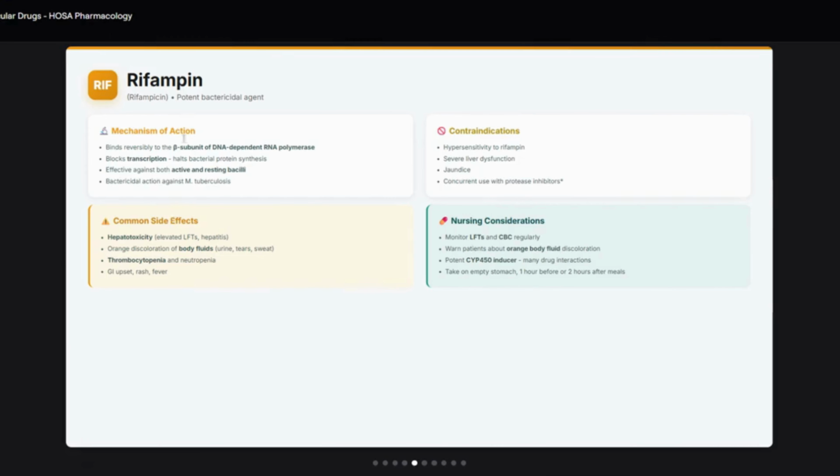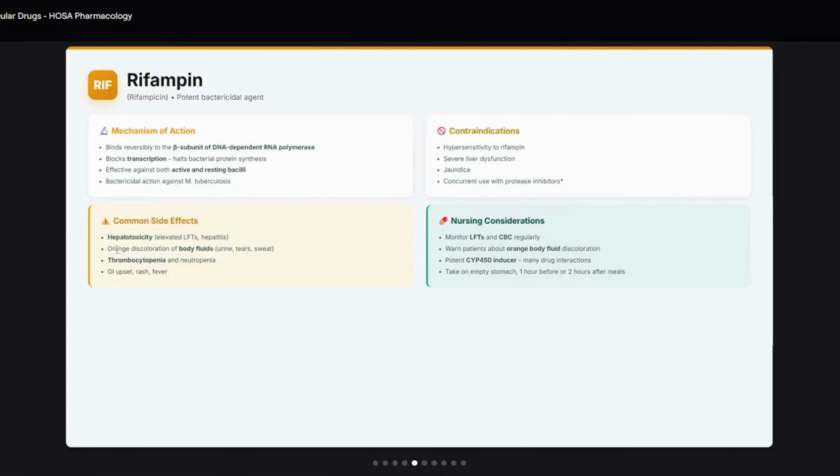Rifampin. This is also the second biggest drug, and it's very similar to isoniazid. A common side effect is hepatotoxicity, or yeah, kidney toxicity.